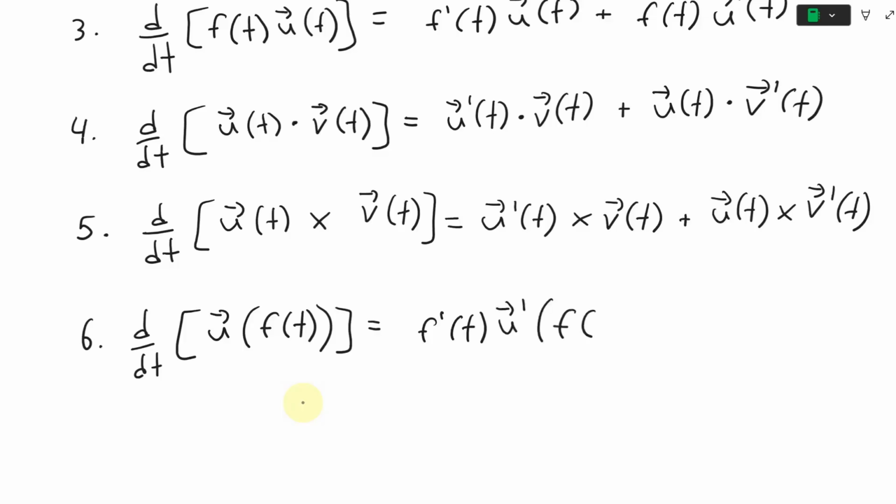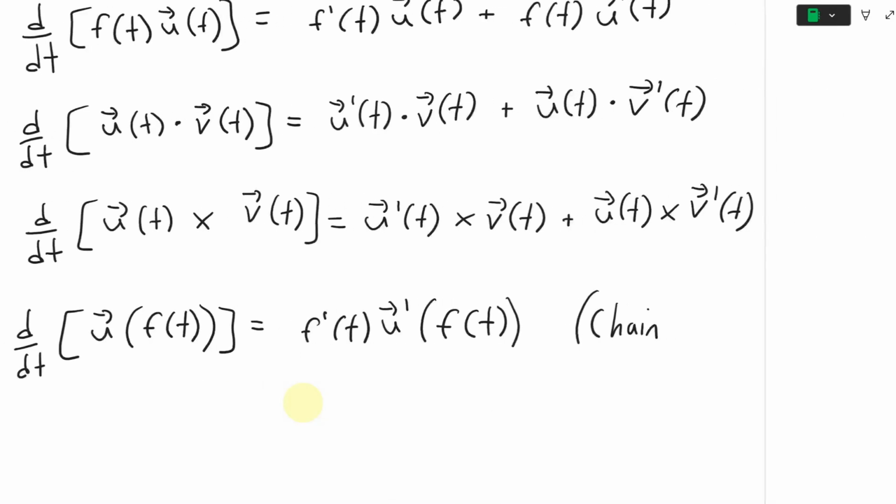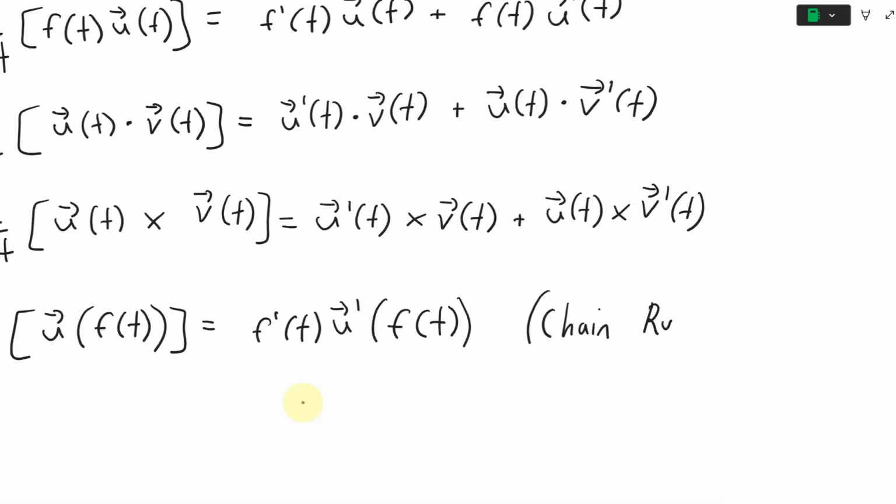So you take the derivative of u, and then multiply by the derivative of the inside function f of t. Again, this is just the chain rule.